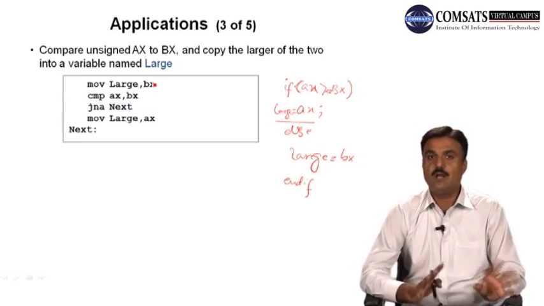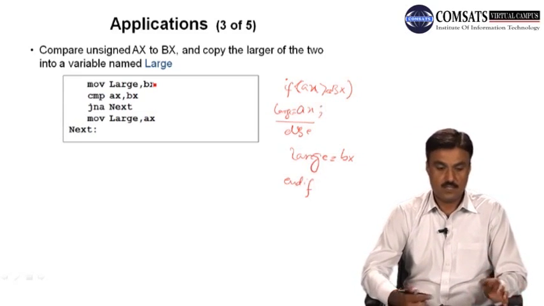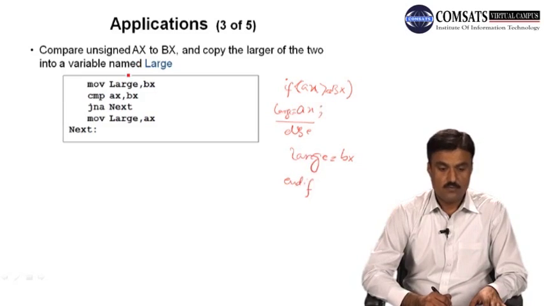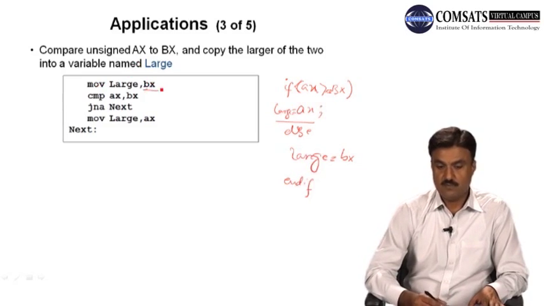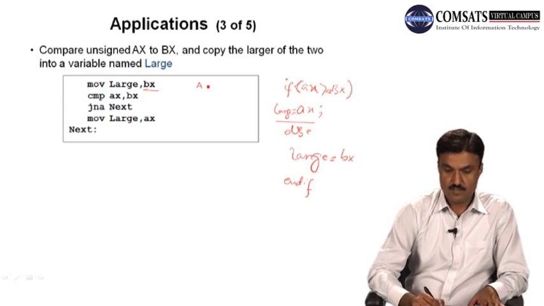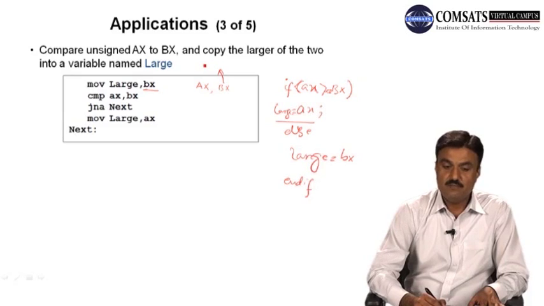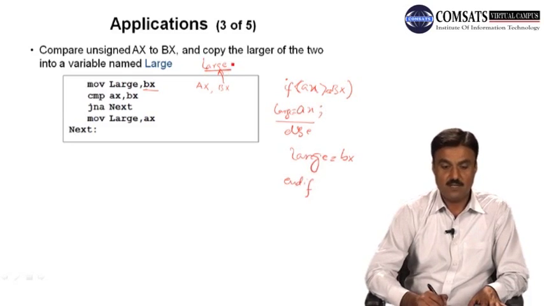We assume that they are not equal, and one is larger than the other. So we have two registers, AX and BX. First we move BX into the variable large. So now BX is inside large.